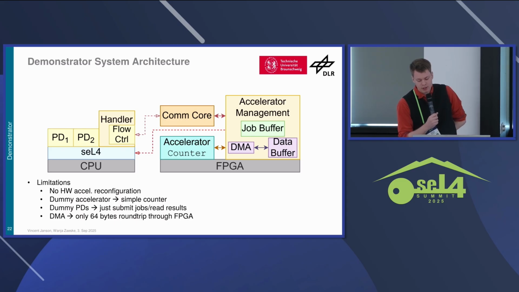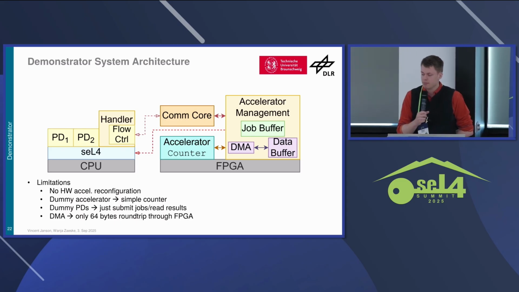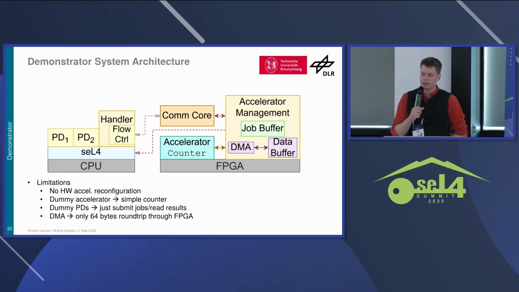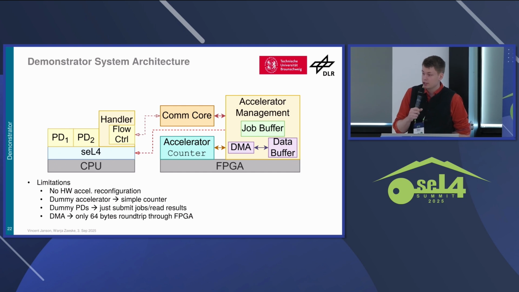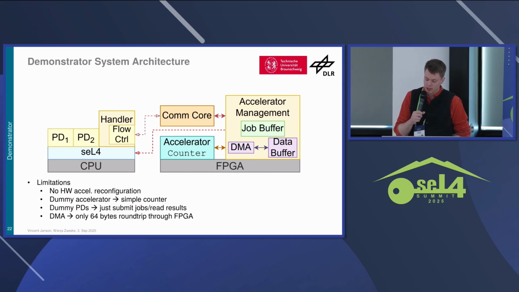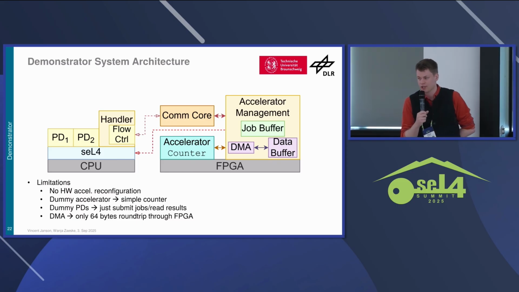The next limitation is that the protection domains which submit the jobs are dummy protection domains, so they do submit a job, but there's no actual radar-based beamforming, altitude hold, or any other functionality built into them. And the last limitation is that we constrained the DMA transfers to be 64 bytes. That was a default size, which worked well. In a real system, obviously, you want to support jobs which are larger than that.